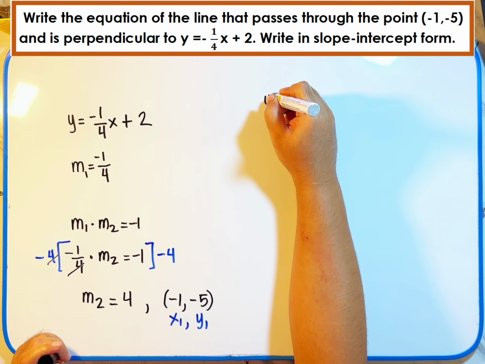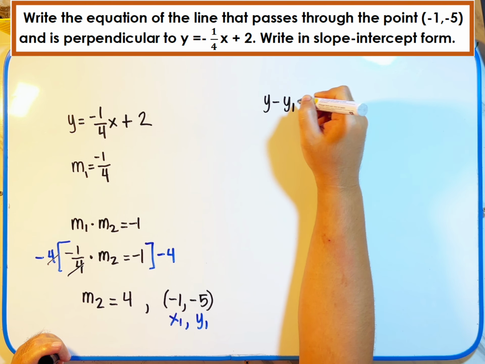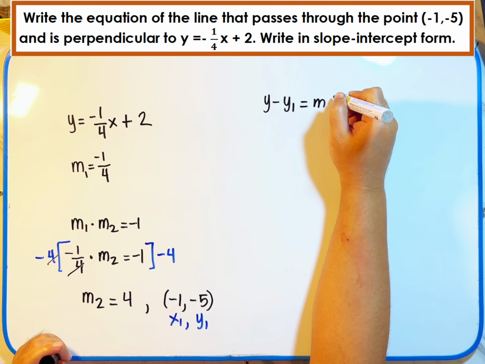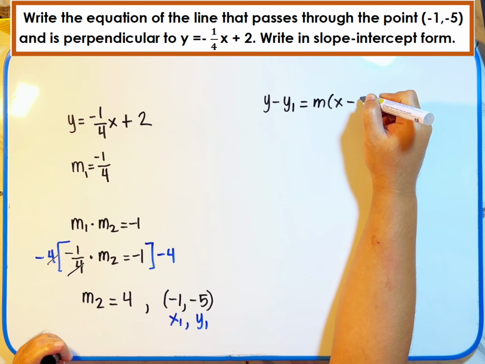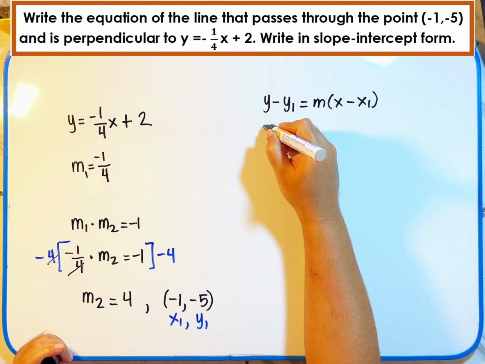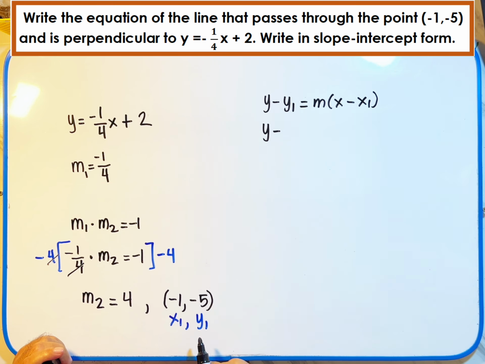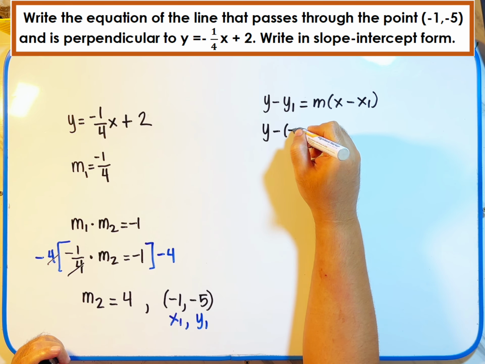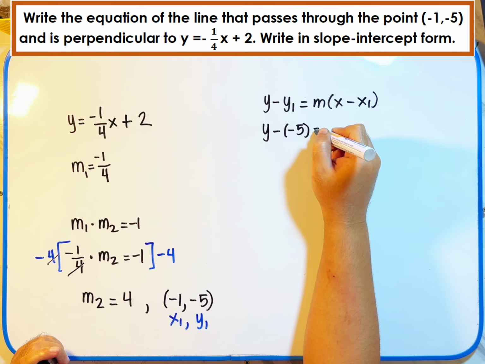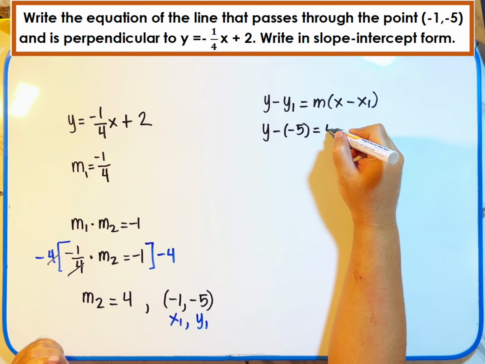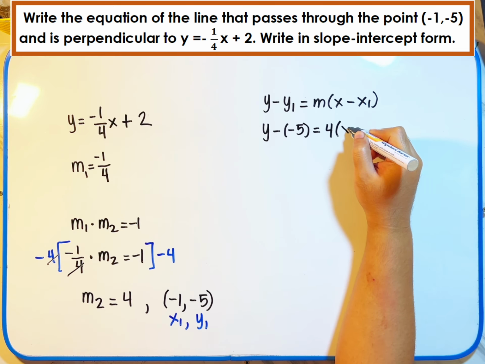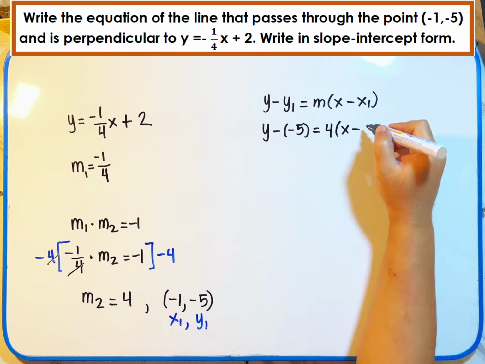Copying the point-slope form, y minus y sub 1 equals m times x minus x sub 1. Substitute. y minus y sub 1 is negative 5, equals m is 4, times x minus x sub 1 is negative 1.